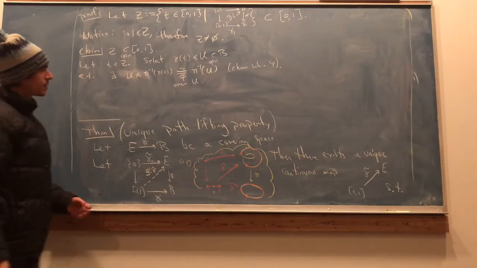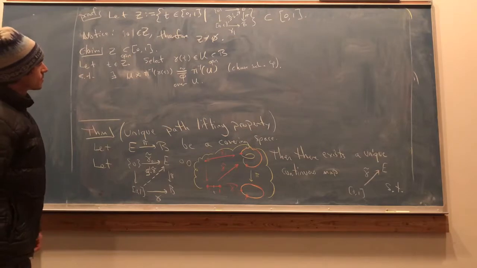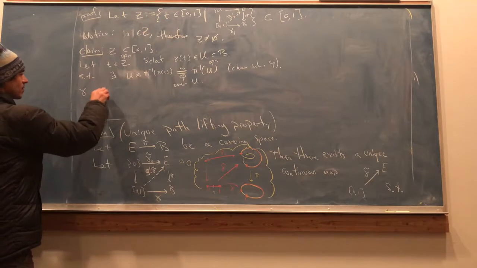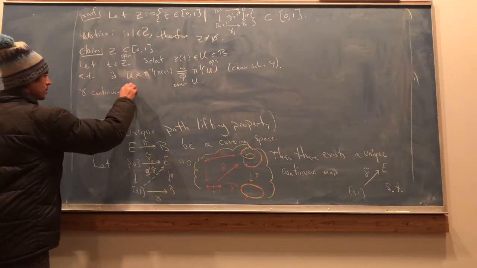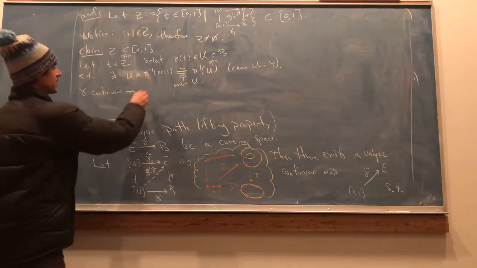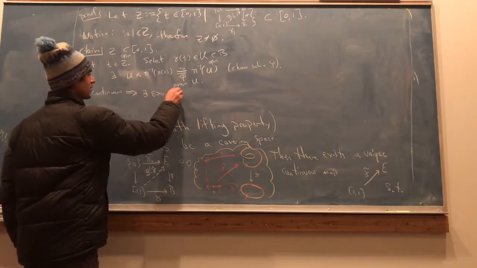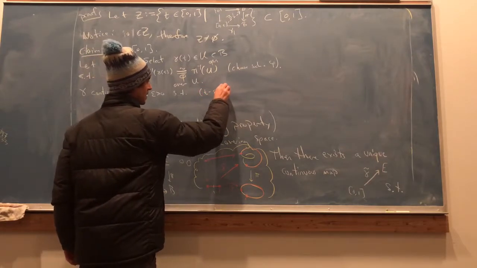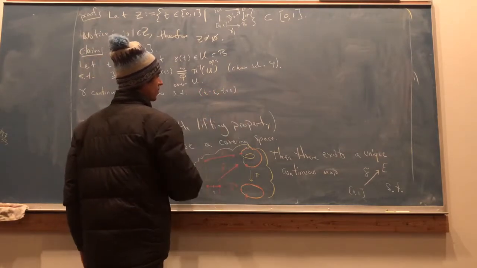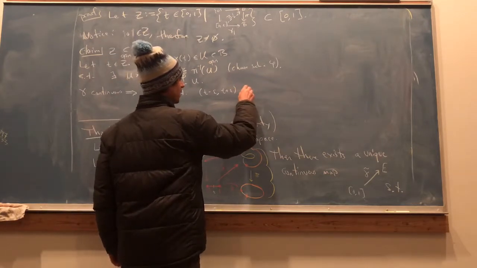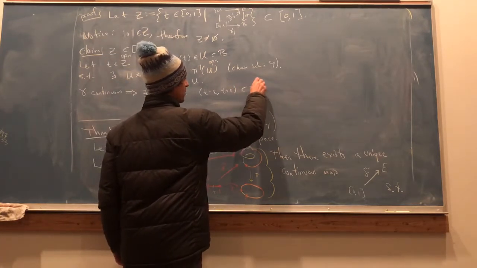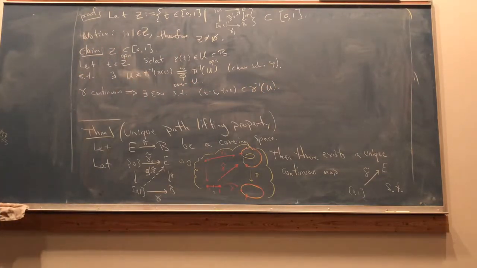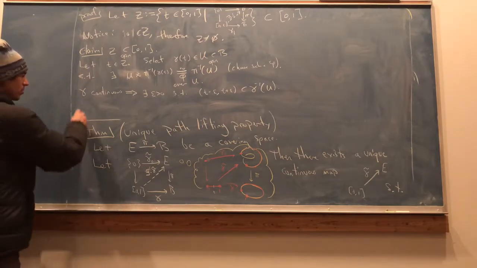So there's where we use the map pi as a covering space. How does that help us? Well, gamma continuous implies there exists an epsilon greater than 0 such that the interval between t minus epsilon and t plus epsilon is carried by gamma into U, because U is open.